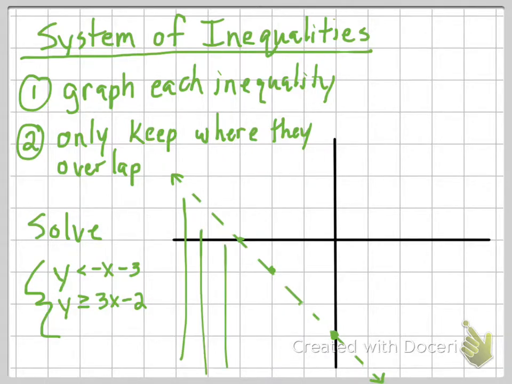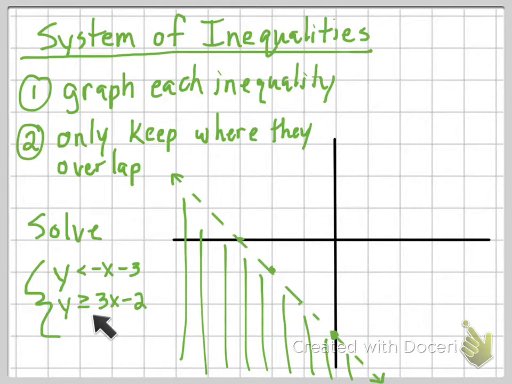So I'm going to shade below this line. Now again, you may be good enough at this point to not shade until you know exactly where to shade. But right now I'm just going to stick with drawing both of them and figure out where they overlap. Okay, so now the second equation, or inequality.